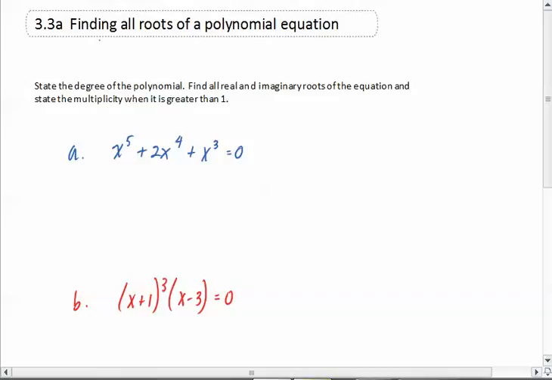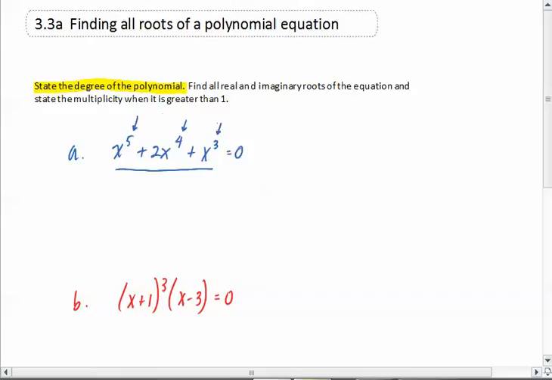So let's take a look at, first of all, finding the degree of the polynomial. Well, this first one is quite clear. When there are no parentheses, then it's basically in standard form for a polynomial, and we want to make sure that the exponents are decreasing.